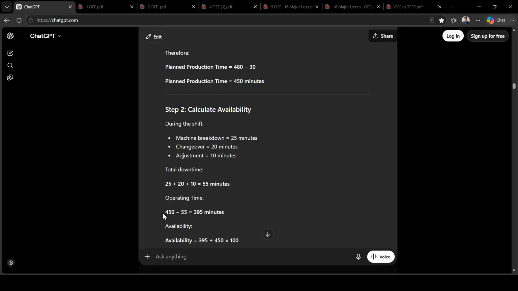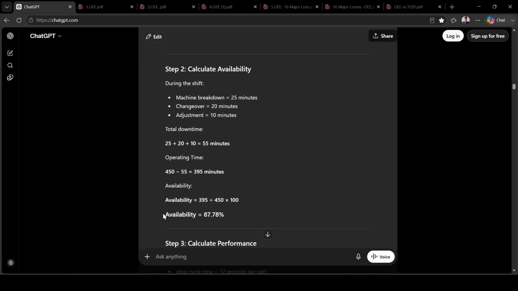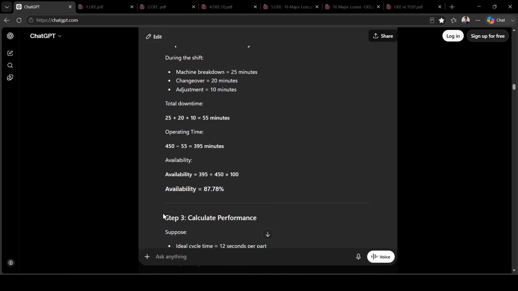Operating time equals 450 minus 55, so 395 minutes. So availability equals 395 divided by 450 times 100, which is 87.78 percent.